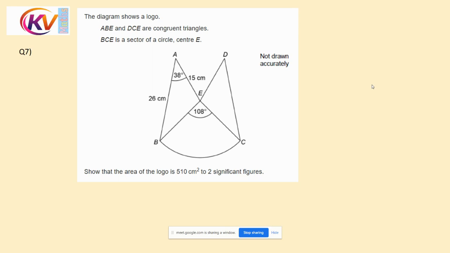Okay, I would appreciate it if you have any ideas at this point that you start trying to pop them in the chat box. So if you've got any ideas or any clue on what you would try and do to get started with this question, please fill it in now.